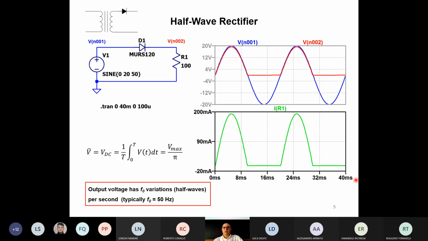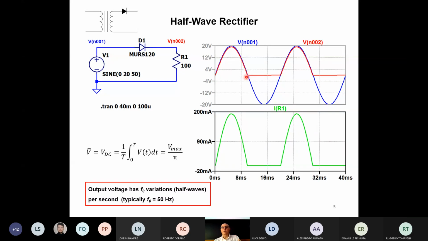Then I look at what happens after the diode on the load resistance. Here we have an almost perfect reproduction in red of the blue positive half wave.